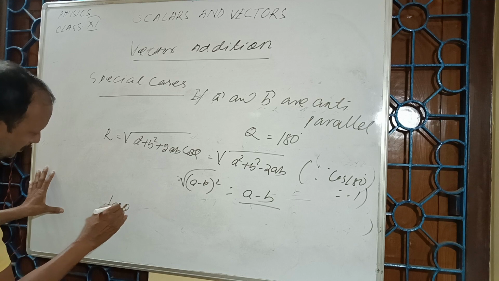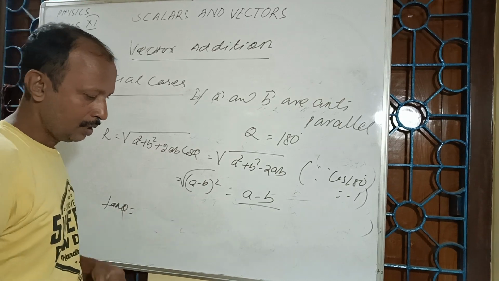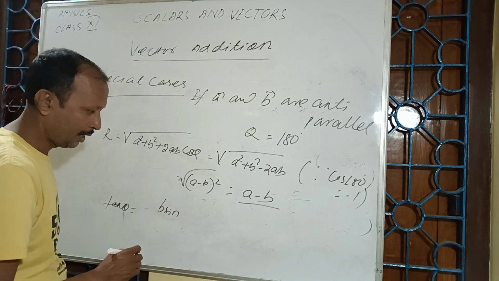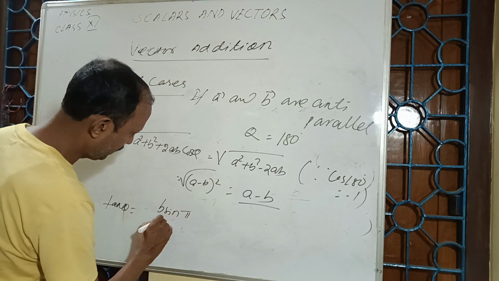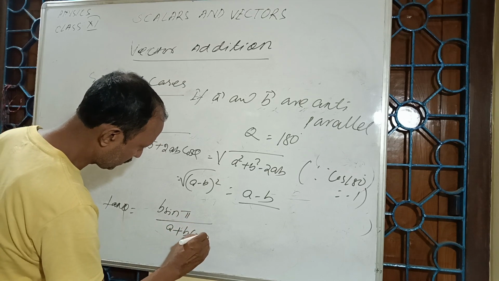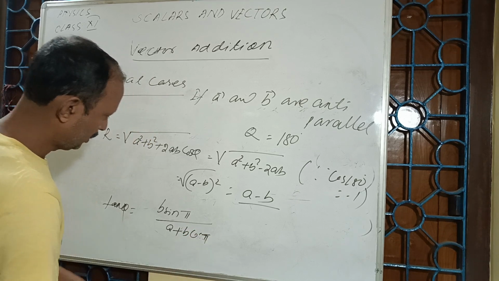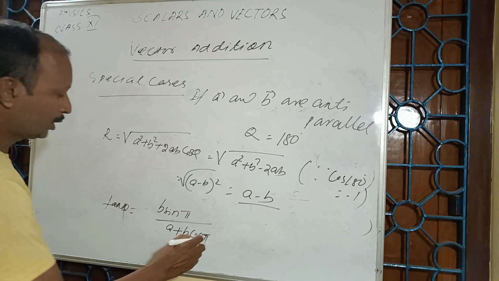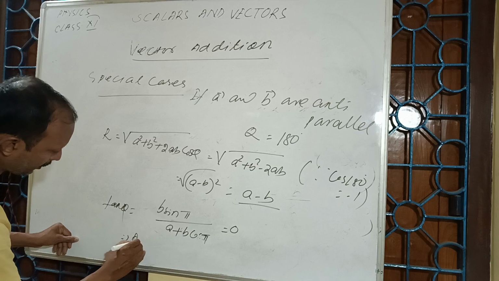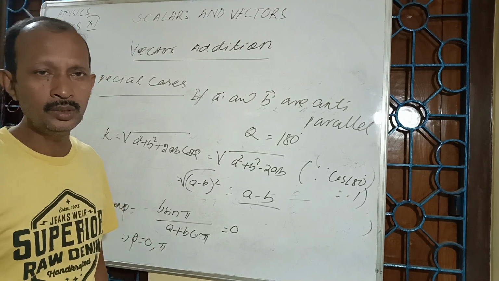So what about the direction? I can mention that tan phi is equal to B sin phi divided by A plus B cos phi. So this is equal to 0. That means phi may be 0 or it may be equal to pi.